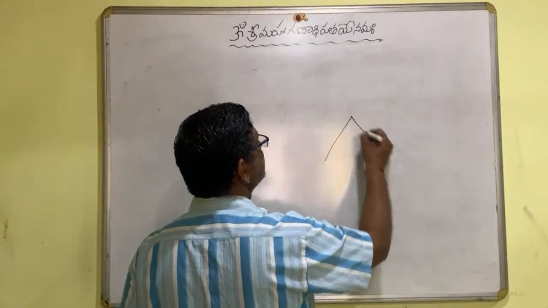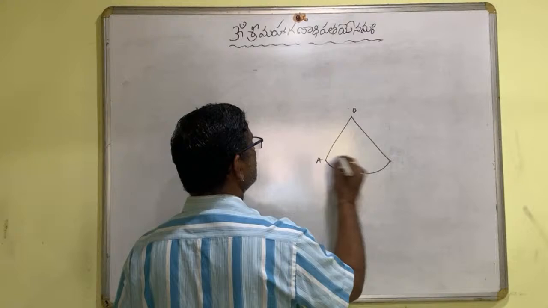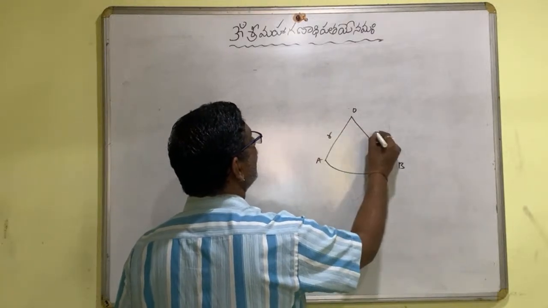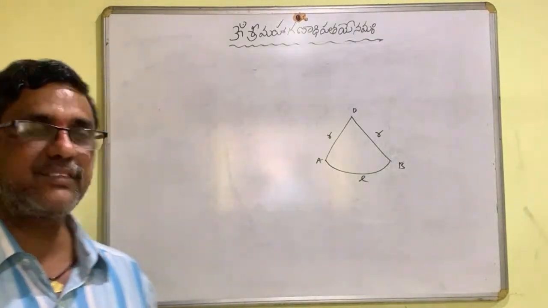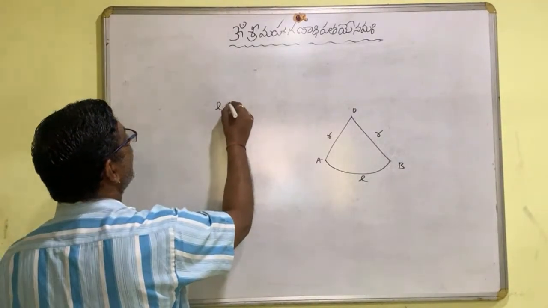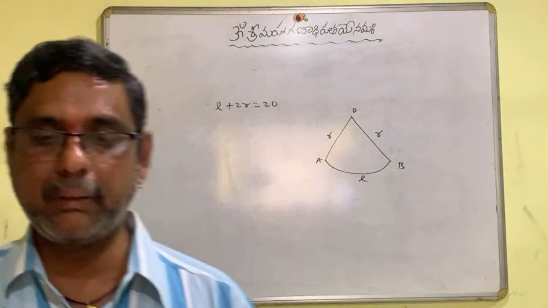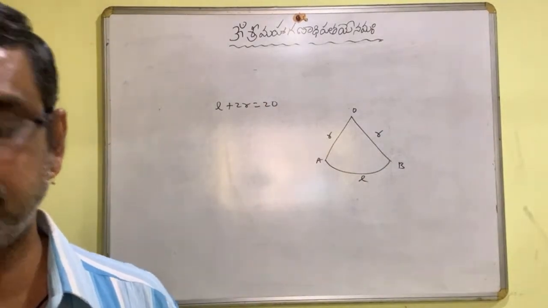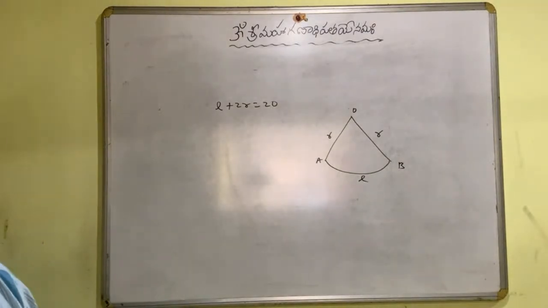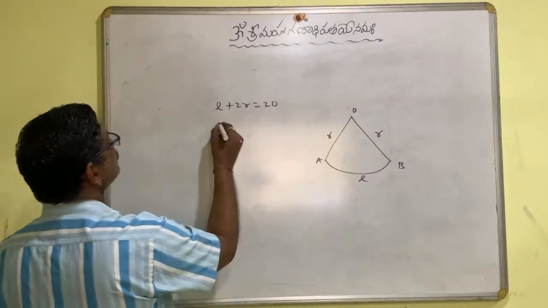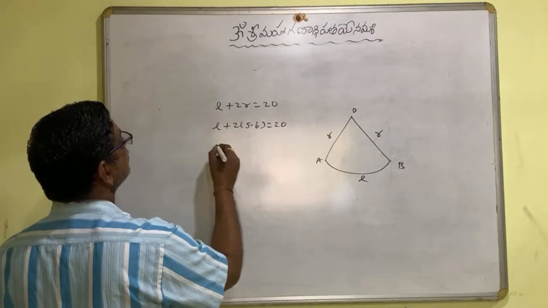First, let us understand what is the perimeter of a sector. R, L. So perimeter of a sector is nothing but L plus 2R is 20. Radius is 5.6, so L plus 2 into 5.6 is 20.